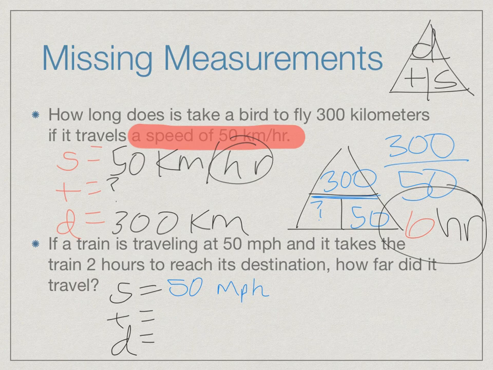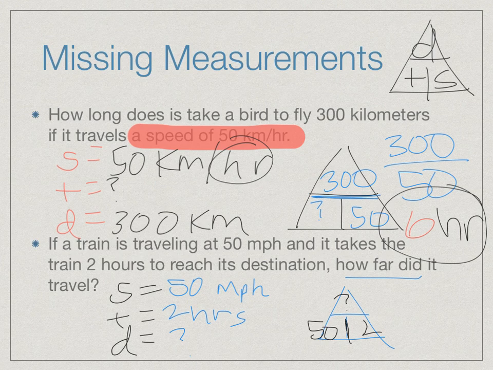My time, the train is traveling for 2 hours. Hours are a unit of time, so I know that time equals 2 hours, which means our distance, how far did it travel, is what's missing. Draw that speed triangle. Distance always goes on the top, so that's a question mark because I don't know what it is. So speed was 50 and time is 2.